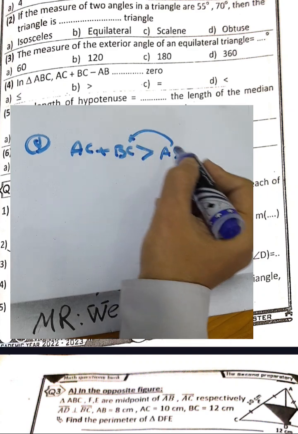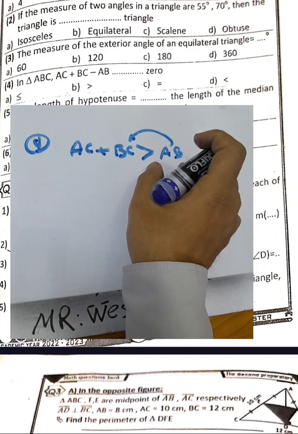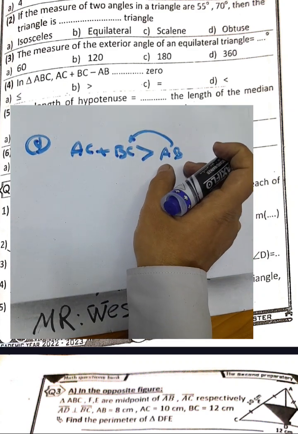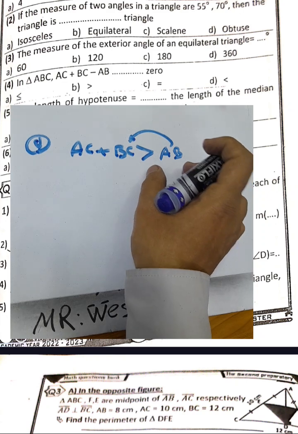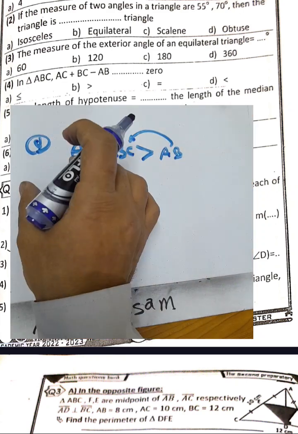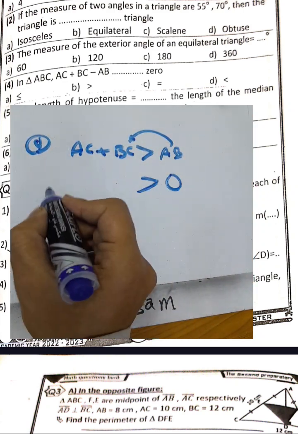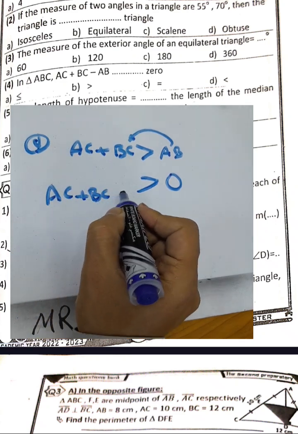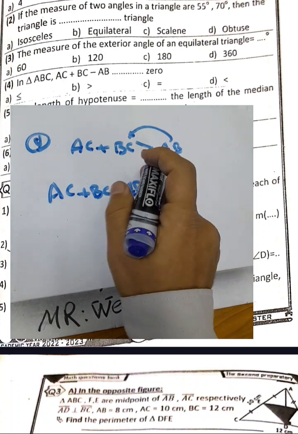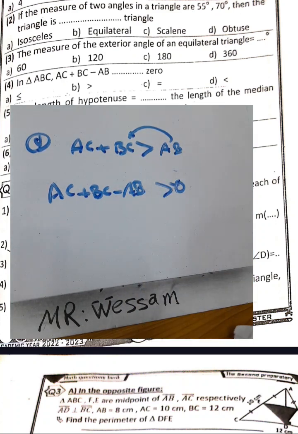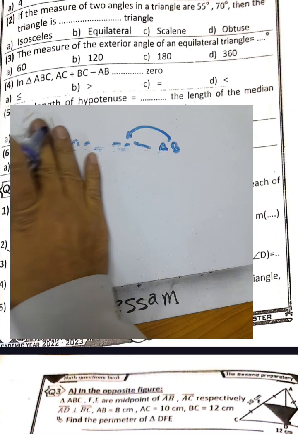If we move the side length here, we must change the sign of this side. You must add the inverse of this side, negative AB, to the left-hand side and right-hand side, the result will be 0, and EC plus BC subtract AB, the result will be greater than 0. Okay, the result will be greater than 0.